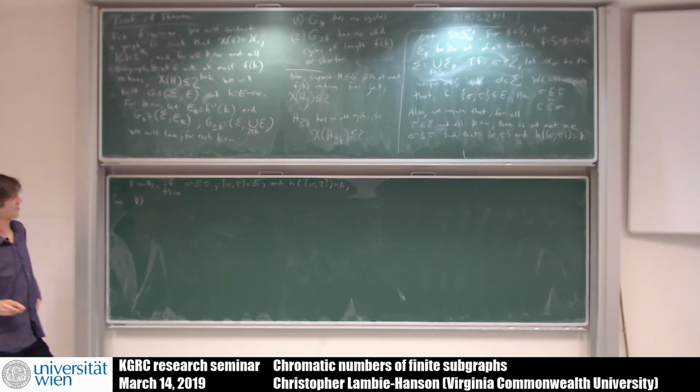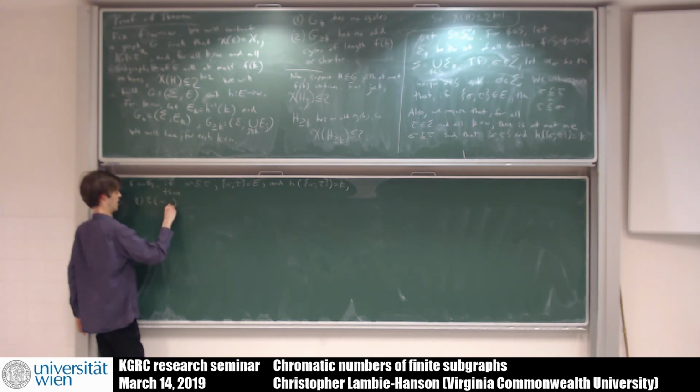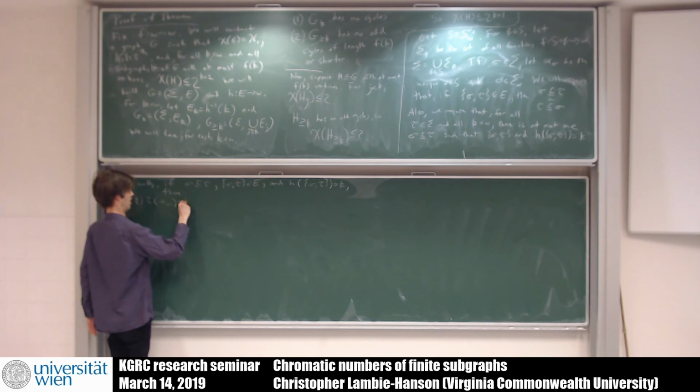First of all, tau of alpha sigma must be equal to k.